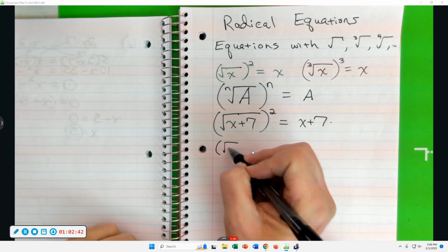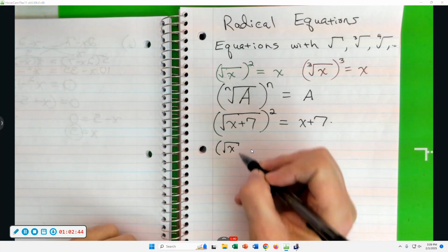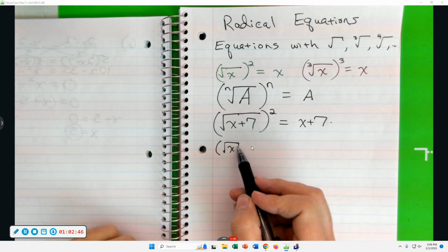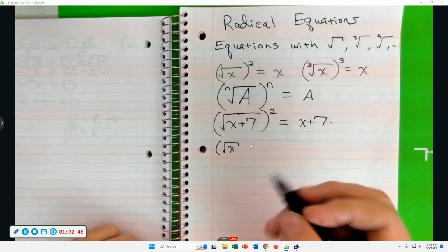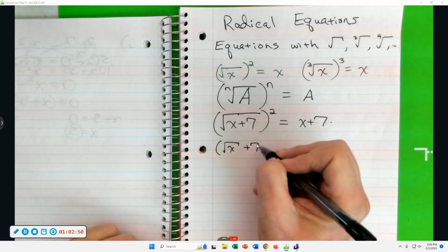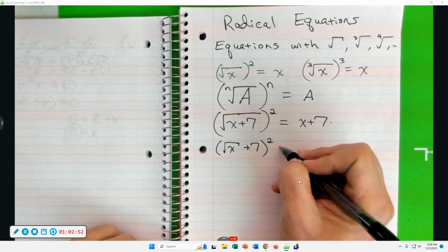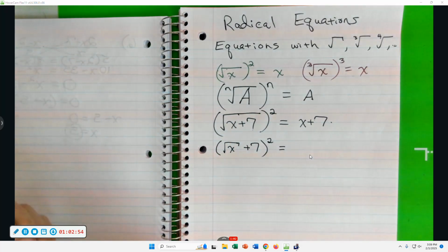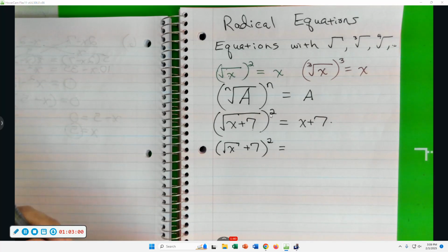Let's look at this one here. Suppose we have the square root of x, and the only thing under the radical is that x. Suppose you have a plus 7 stuck on there that you want to square. Oh, this is bad. Squaring this is not going to eliminate the radical.